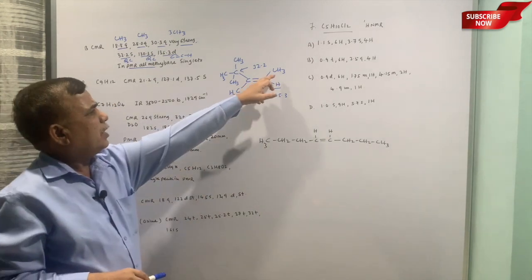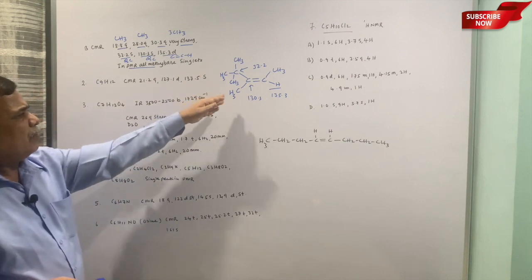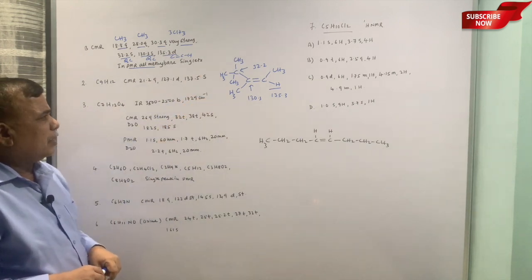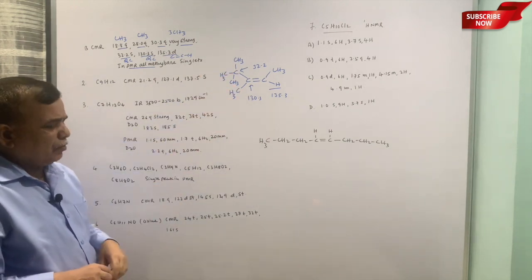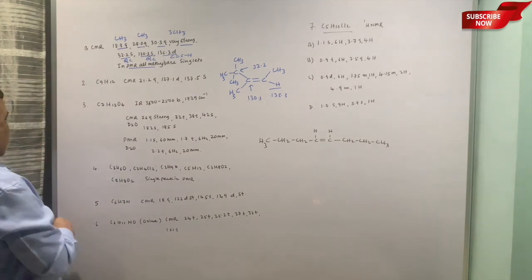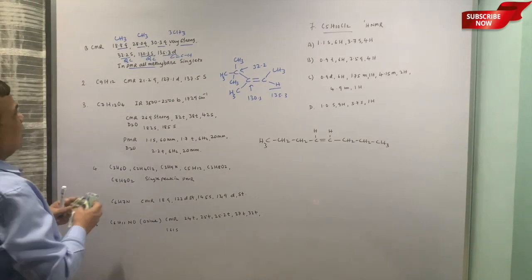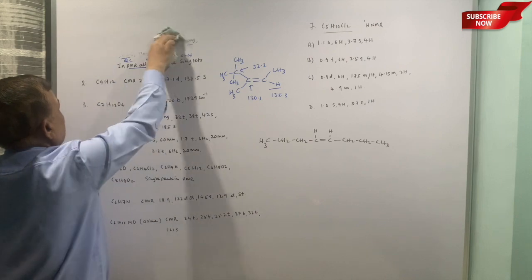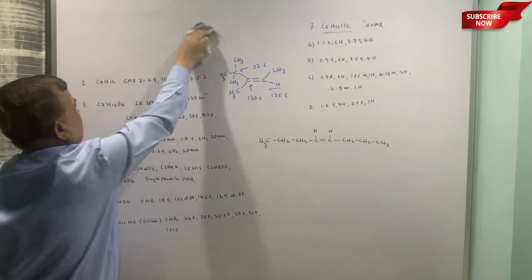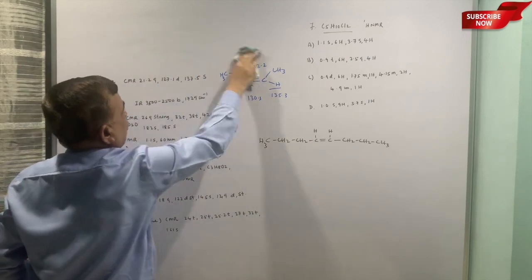Now this is 28, this is 30.3. Crowding will de-shield the carbon, so this will be 30, the other one will be 28. So that is the second isomeric compound with C8H16 molecular formula.